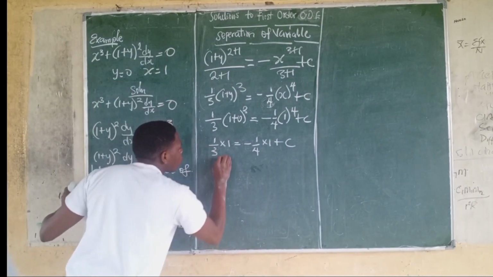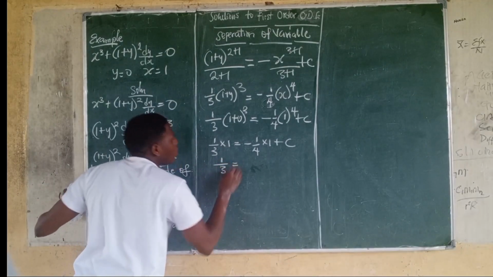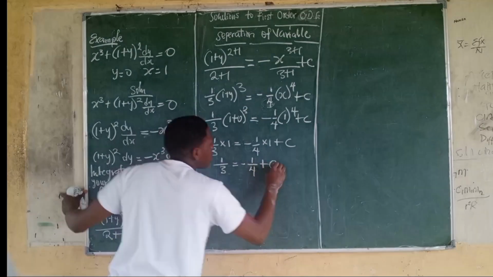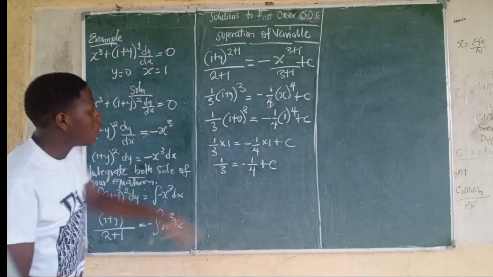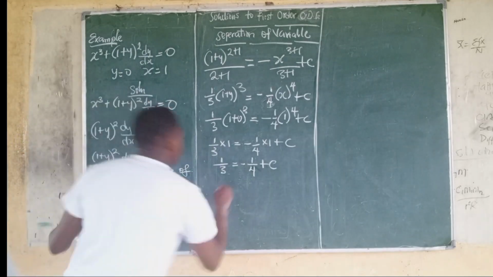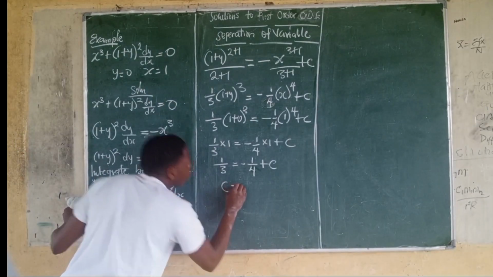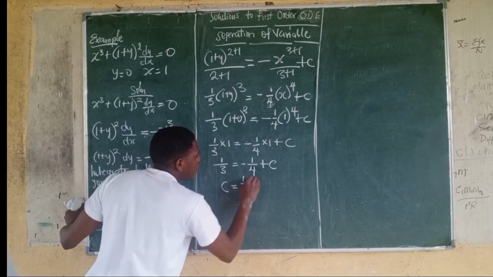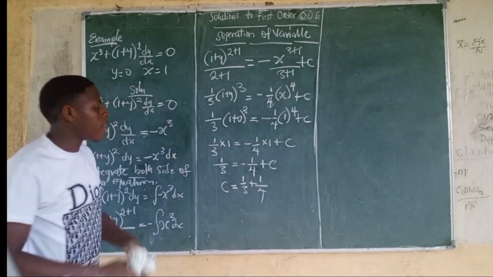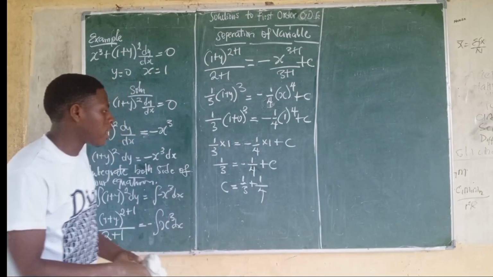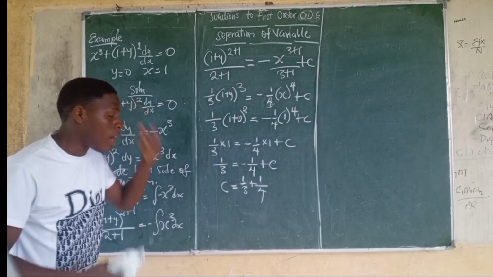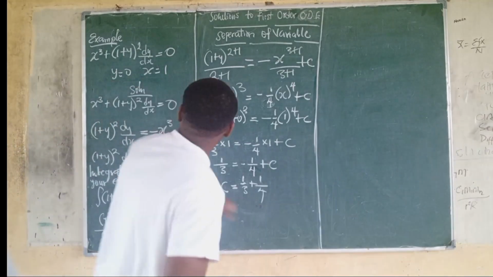So 1 over 3 is equal to minus 1 over 4 plus c. The minus sign crosses over to the other side, so we are left with c equal to 1 over 3 plus 1 over 4. Then simplify the fraction, and you have a value. This is the end of your solution.